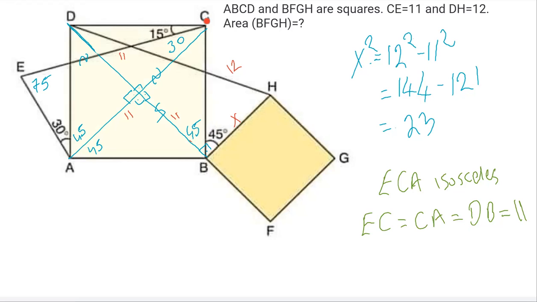It may help you most of the time. Remember that diagonals are always 90 degrees to each other, and these angles are 45, 45, because all sides of a square are equal. The diagonals bisect at 90 degrees.